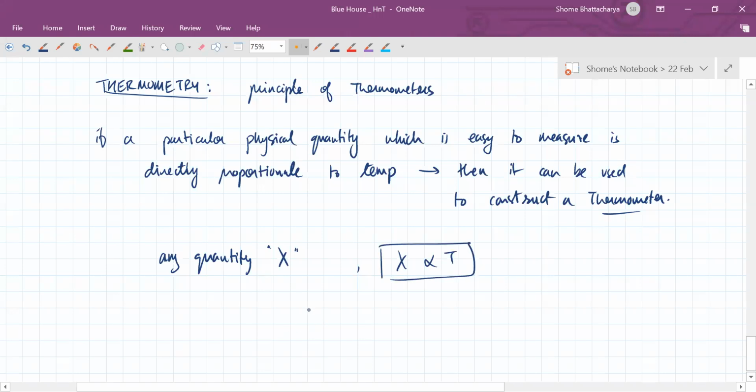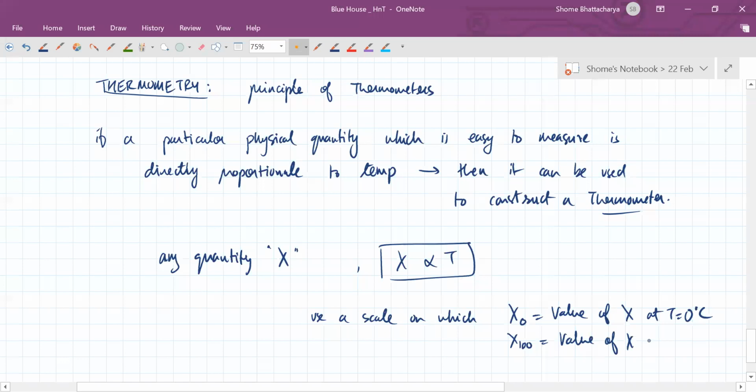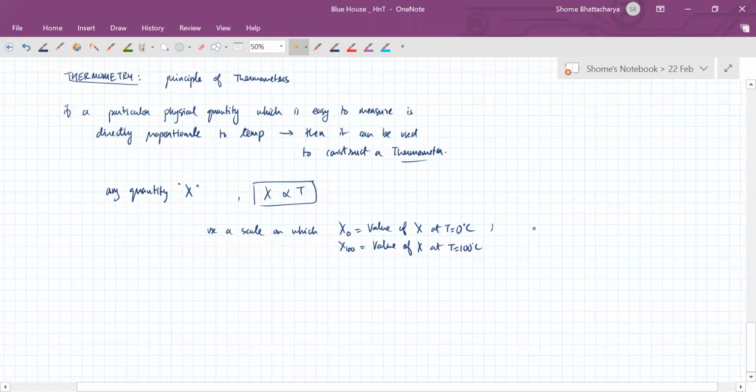Then we can use a scale on which x0 is the value of x at t equal to 0 degrees C, and x100 is the value of x at t equal to 100 degrees C. As you know, this is the melting point of ice, and this is the boiling point of water at standard temperature and pressure.